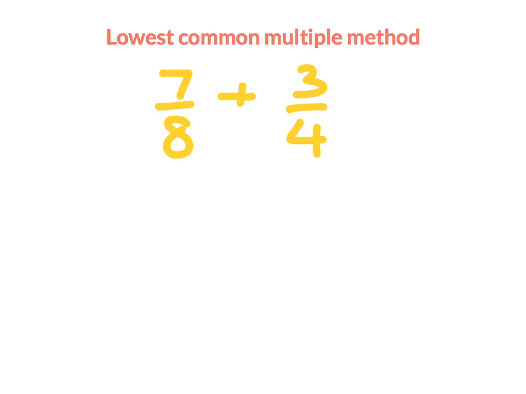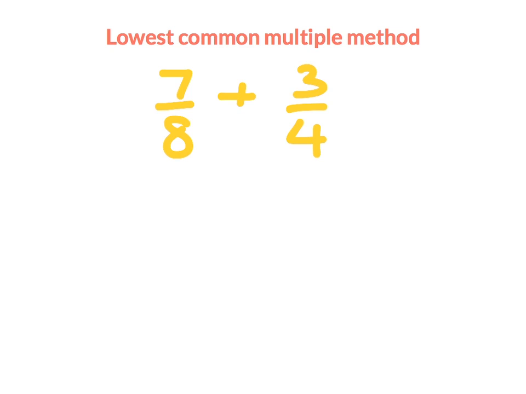So for unlike fractions, there are actually two methods that we can employ. The first method is called the lowest common multiple method, or the LCM method, and we also have the equivalent fraction method. But first, let's look at the lowest common multiple method. I'm sure you have been taught how to derive the lowest common multiple when you have two numbers.